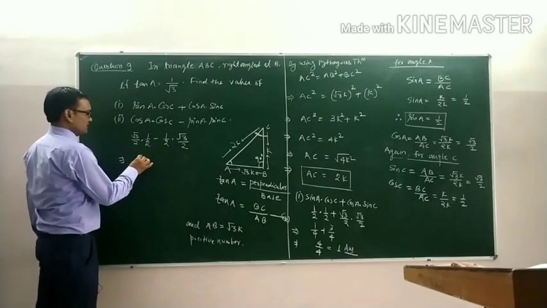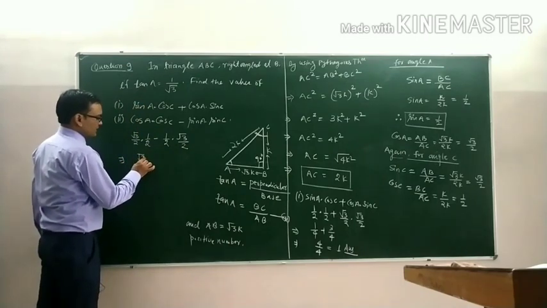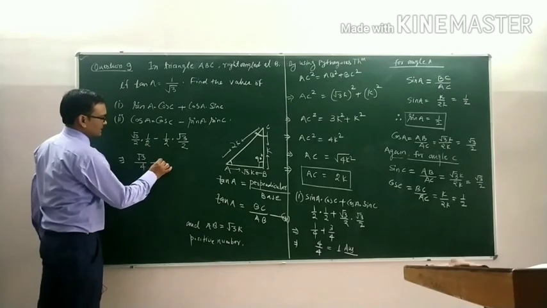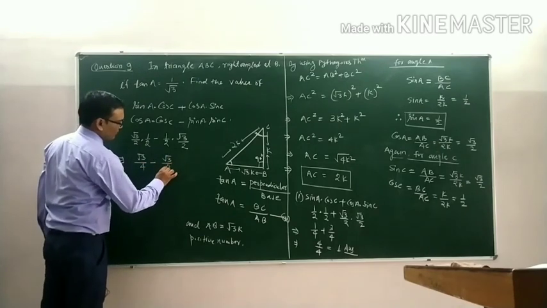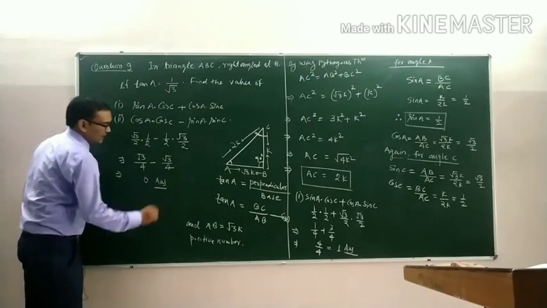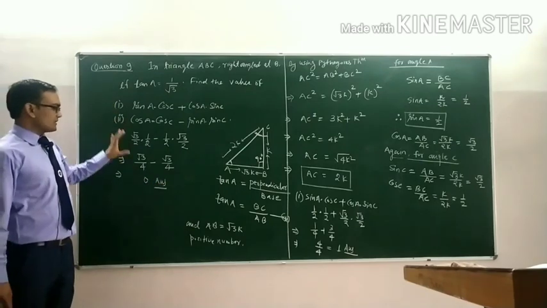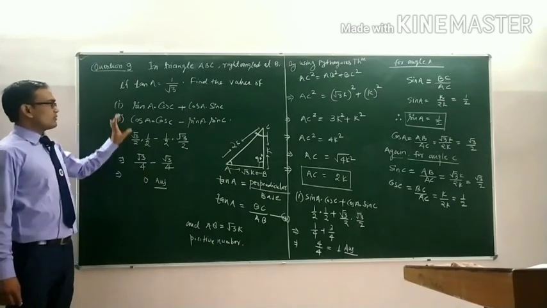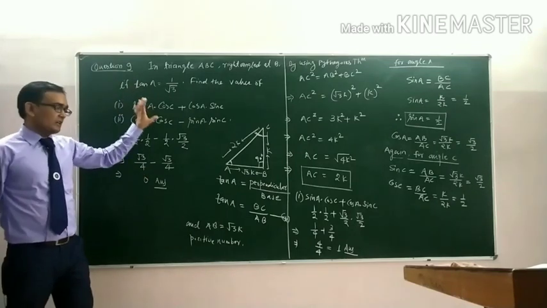This implies that square root 3 by 4 minus square root 3 by 4. This gives the value 0. Answer of the second part is 0 and answer of the first part is 1.